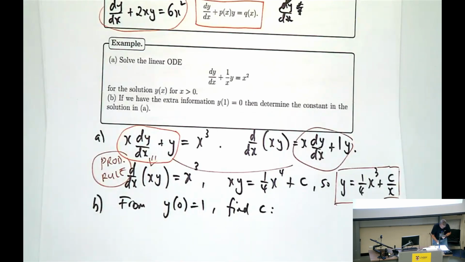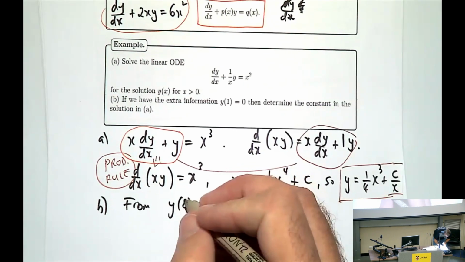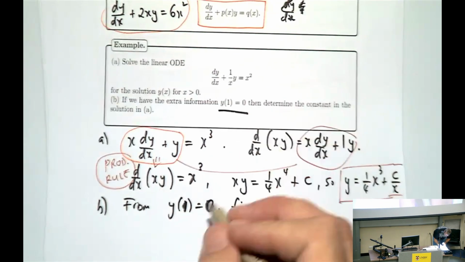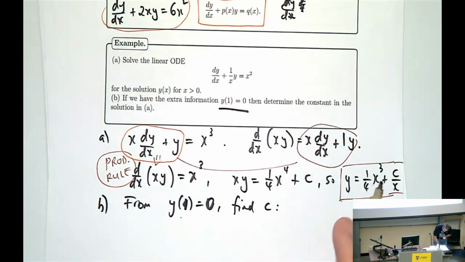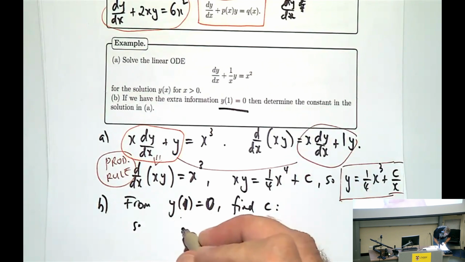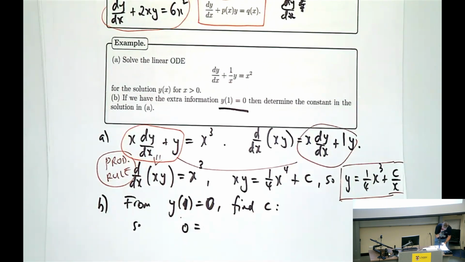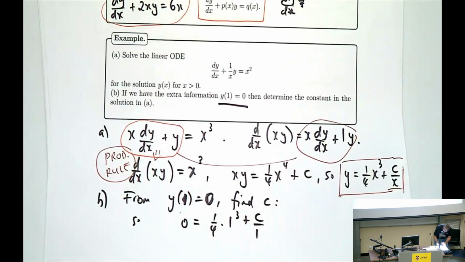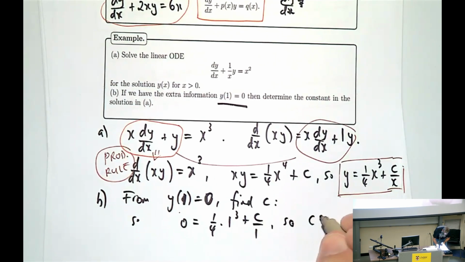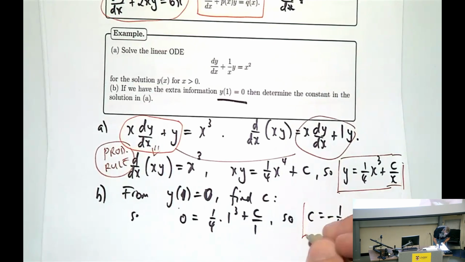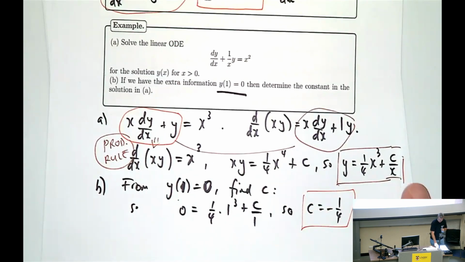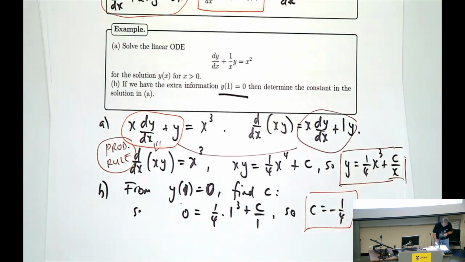So let's go in here and sub in x equals 1, and we set this whole thing to 0. So C is going to be -1/4. So we just replace C with -1/4 in there, and we have our full solution.